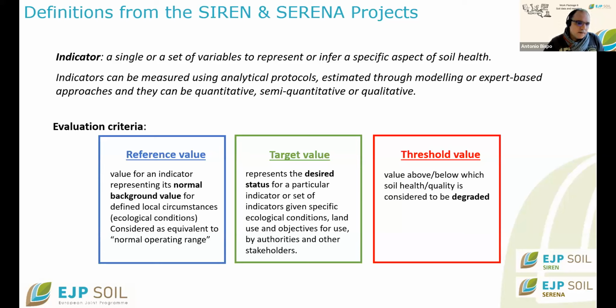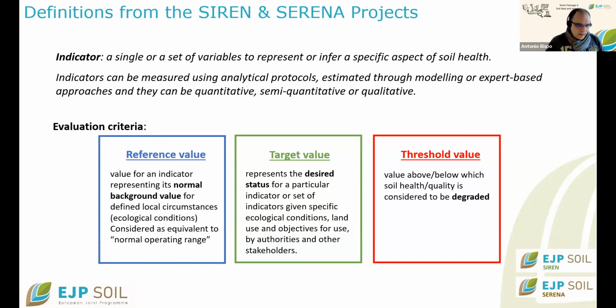Target values represent the desired status of a particular indicator or set of indicators given specific ecological conditions, land use, and objectives for use. And it's given usually by authorities or other stakeholders. And the threshold is seen as a value above or below which soil health or soil quality is considered to be degraded. So that's the first part on definitions.